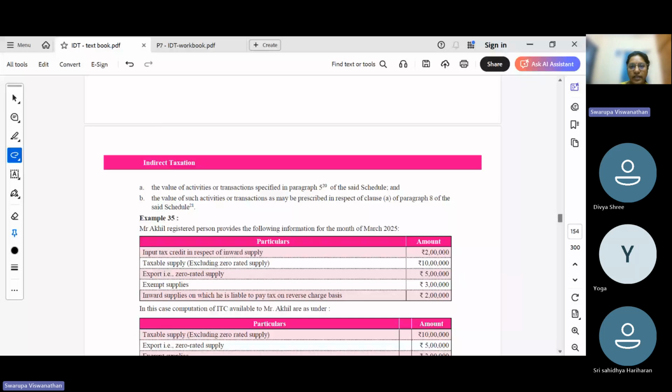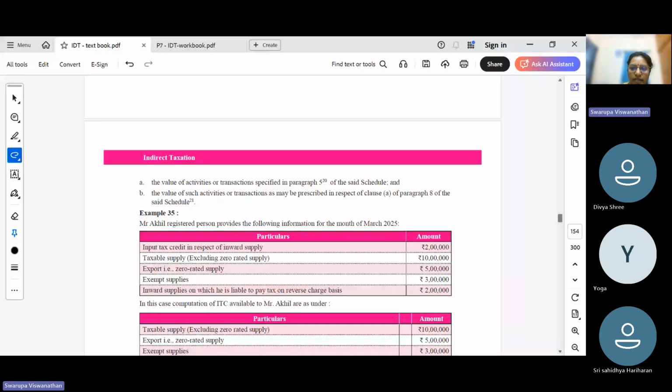Proportion is defined based on the turnover. If the turnover is 50-50, 50% credit can be taken and 50% credit has to be reversed. If it is 70-30, then 70% credit can be taken and 30% credit reversed.